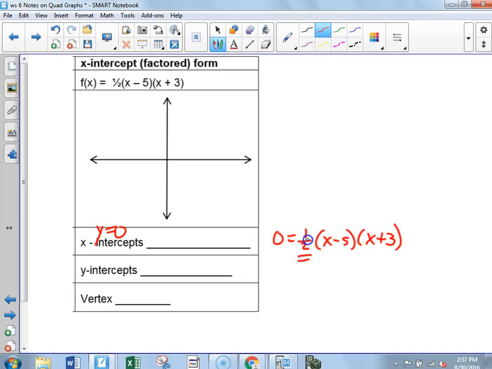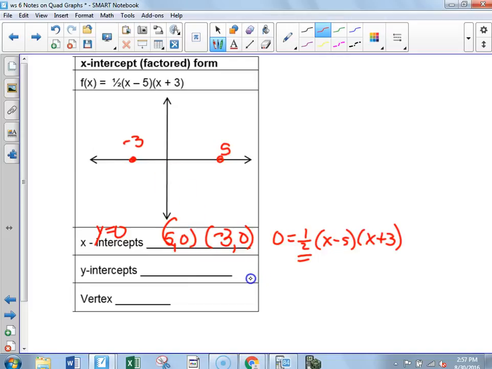No, because 1/2 can never equal 0, right? If there was an x out there, then it wouldn't be a quadratic anyway, but it would have a 0 at 0. But this has zeros at (5, 0) and (-3, 0). So over here at 5, and over here somewhere at -3.